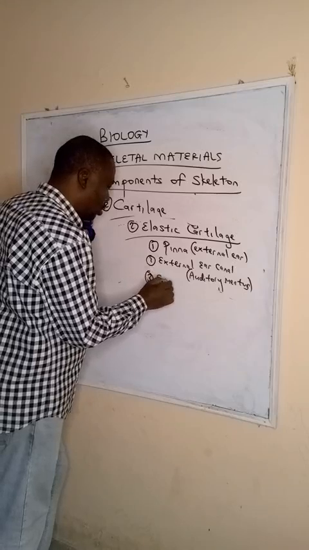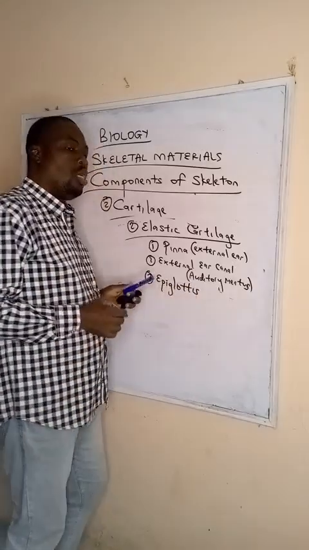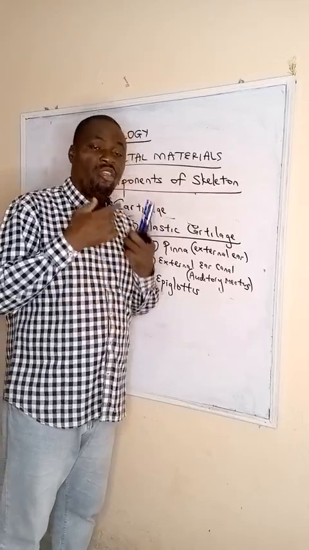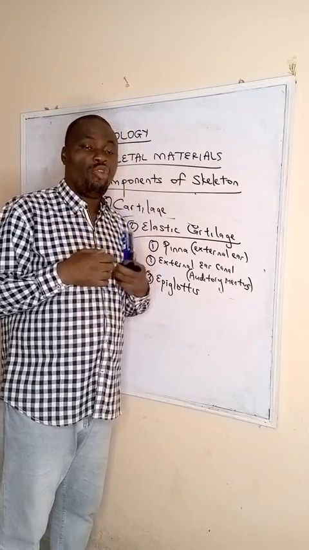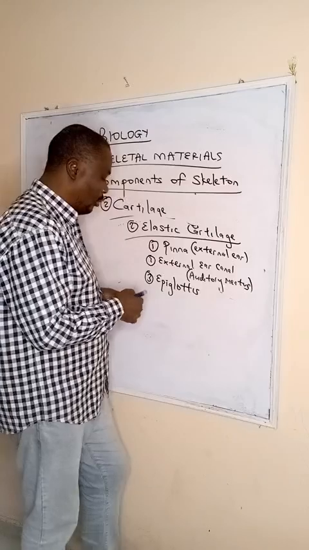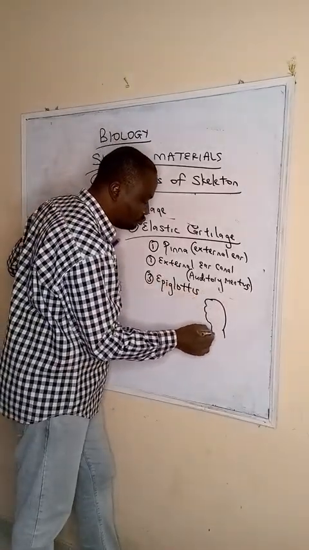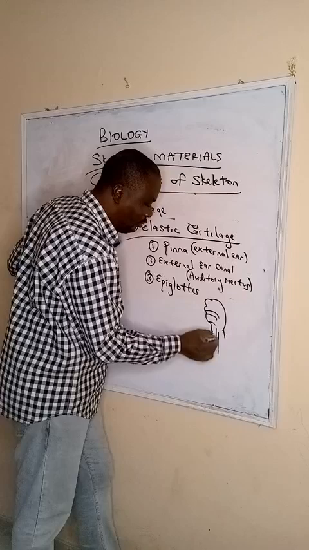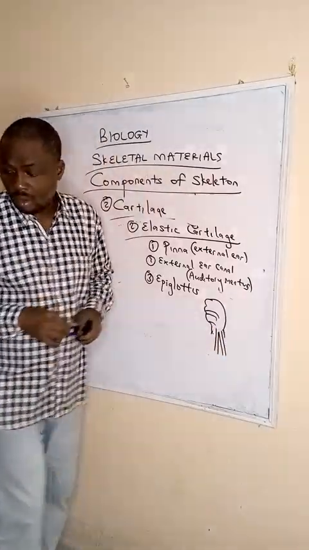Epiglottis. The epiglottis is a flap that covers the pathway to the esophagus, our gullet. When we feed, the nasal passageway and the way to the digestive tract open at a particular point, right? This is the head now. You have the nose and the mouth. So they open like this.